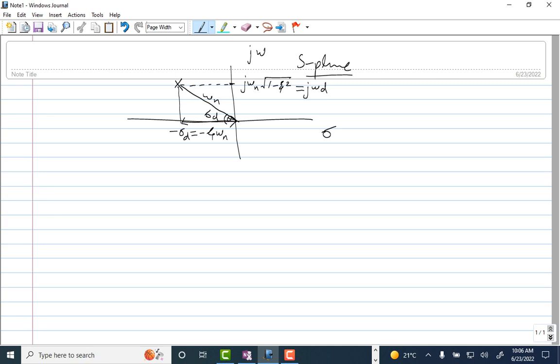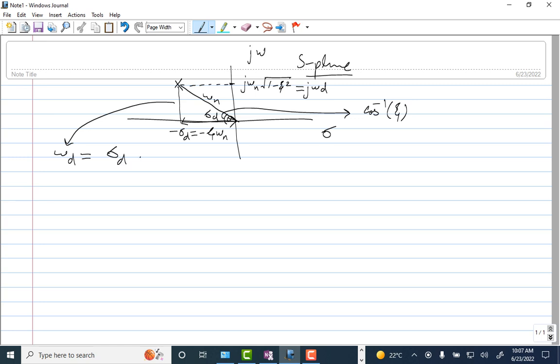So how do we calculate omega d? Because this is a 90 degree angle and this is theta, we know that this angle is equal to cos inverse of zeta. Now we apply tan theta, which is perpendicular divided by base. If I multiply by the base, sigma d, omega d equals sigma d times tan theta, where theta is cos inverse of zeta.